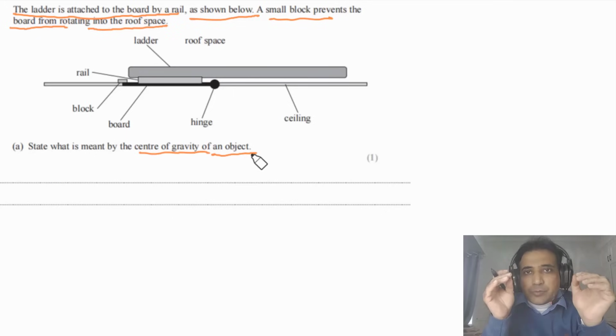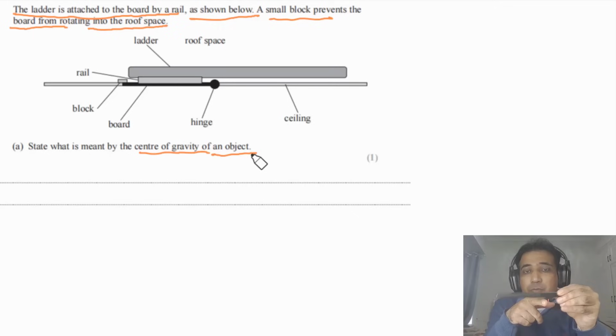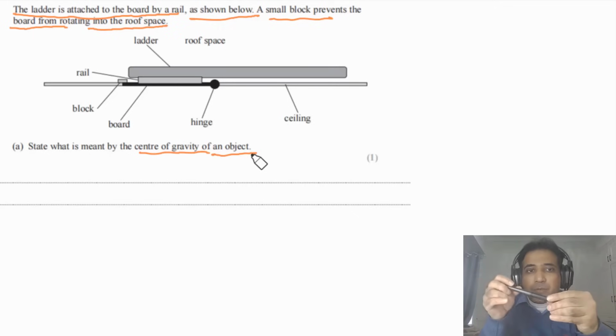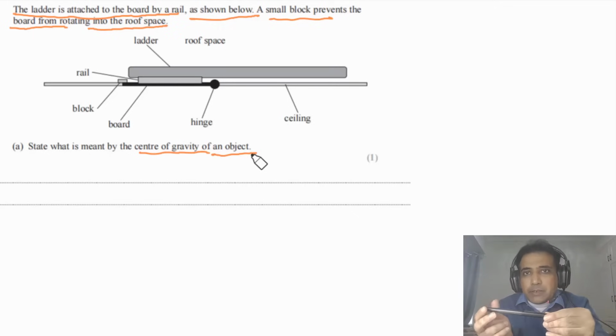Center of gravity of an object is a very important point, an imaginary point where if we apply one single force we can balance the object. If I need to find the center of gravity of this marker, I will place my finger under it and move it. At one point, if I apply a single force, I can balance it.